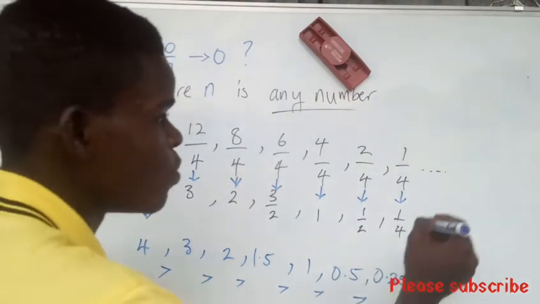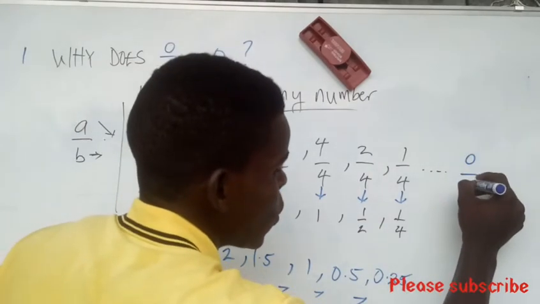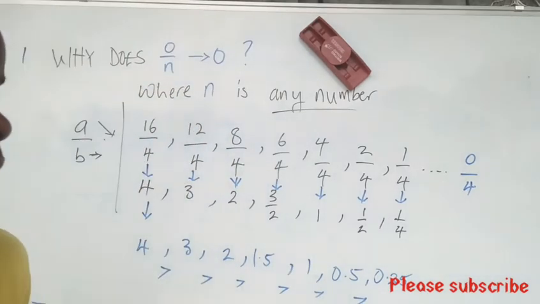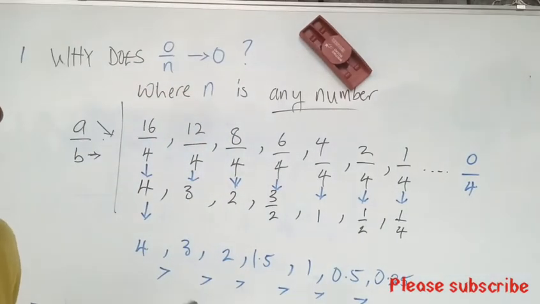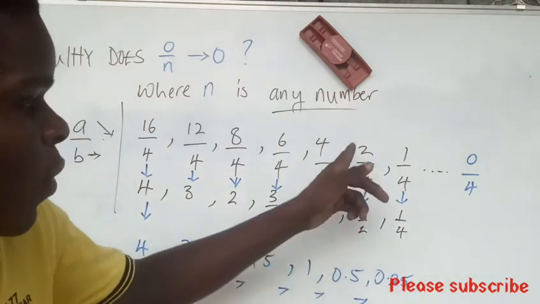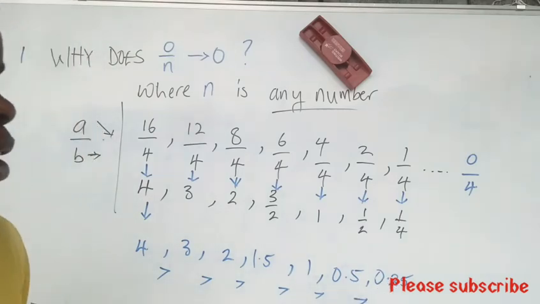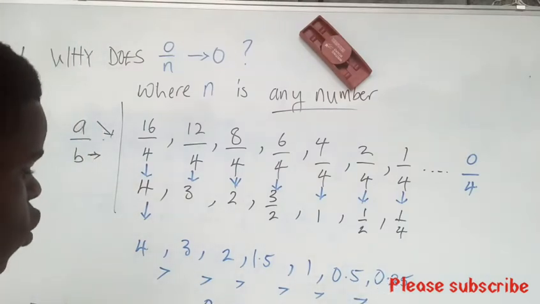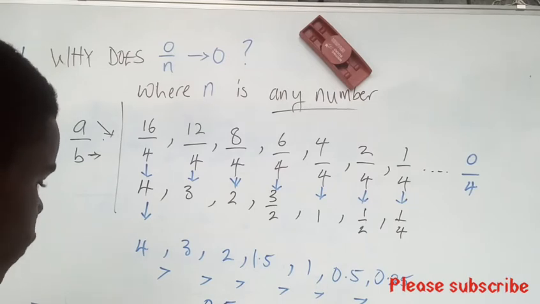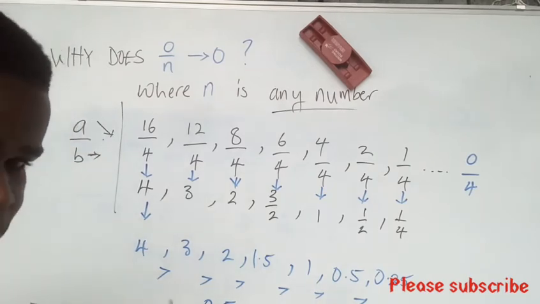The next number should be 0 over 4. Looking at this, 1 over 4 gets smaller, approaching 0. 2 over 4 was smaller, but not as small as 1 over 4. That means if I take 0.5 over 4, the result will get smaller and smaller.